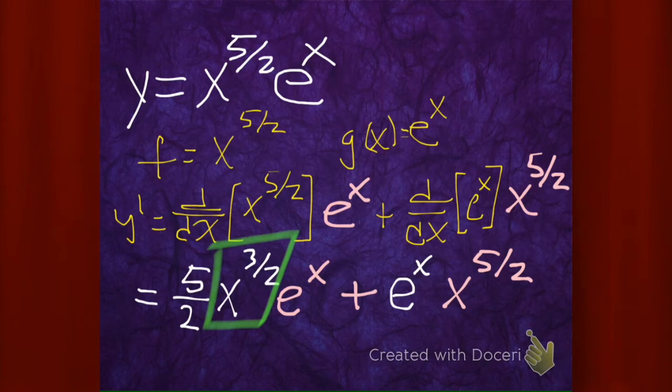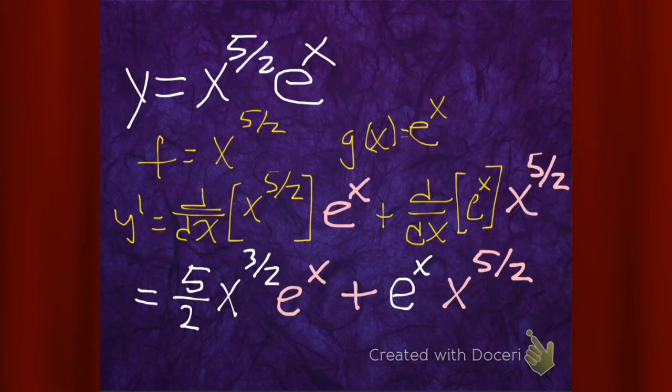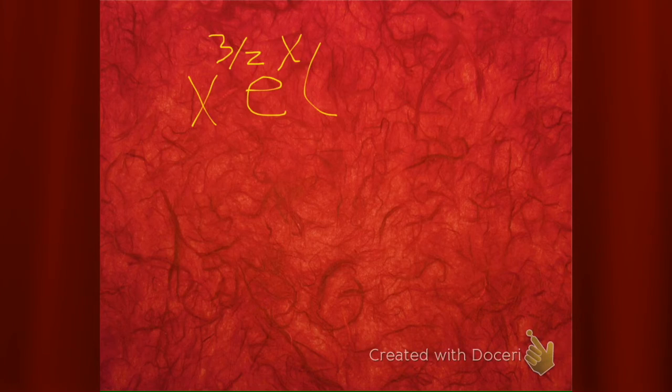The smallest power was x to the 3/2. And we're pulling out an e to the x also. And then left on the inside, we're going to have 5/2, and we pulled the rest of that stuff out. And then plus.